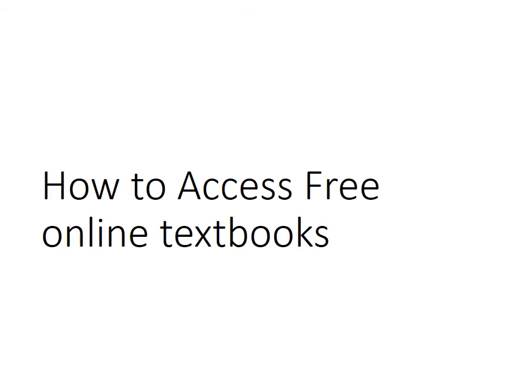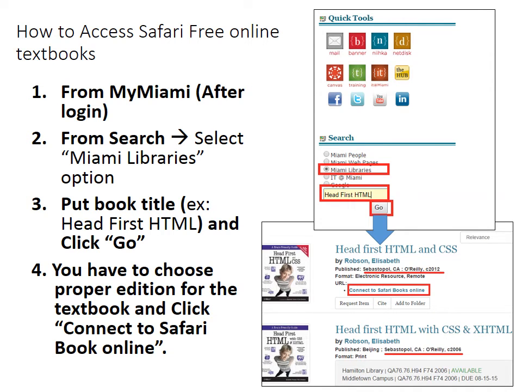As I have said in the beginning, you can access your textbooks online. By logging into My Miami, select Miami Libraries and put the title of the needed textbook into the text box. Click OK, making sure that you have the proper edition for the textbook before you click Connect to Safari Book Online.